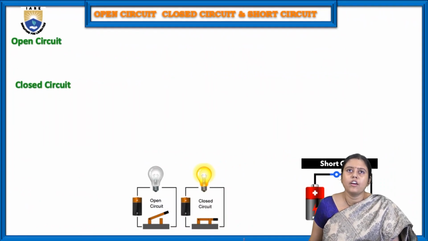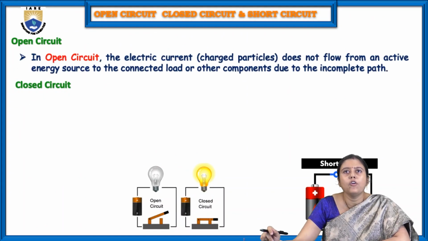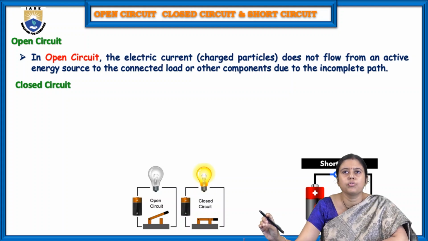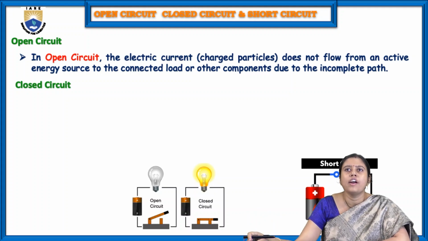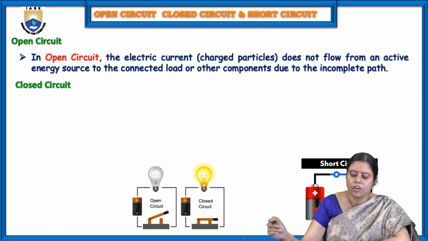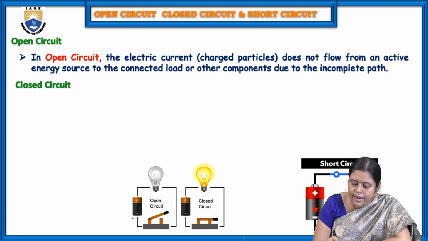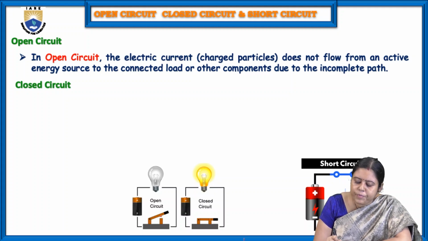What is the meaning of an open circuit? In an open circuit, the electric current or charge particles don't flow from the active energy source to the connected load or component due to the incomplete path. You can see here there is a battery which is active, but we have opened the switch.